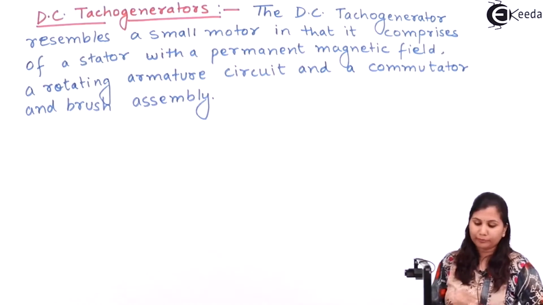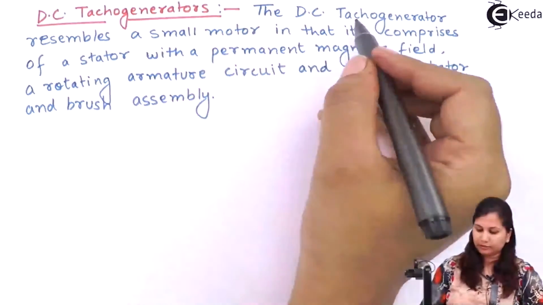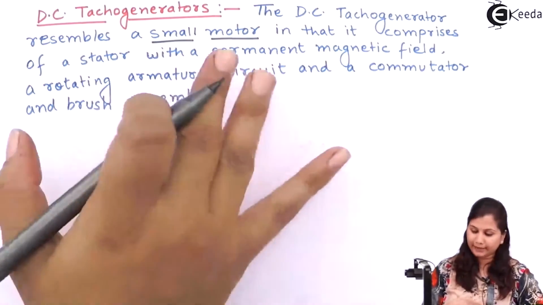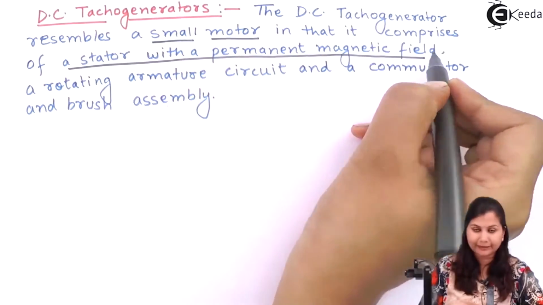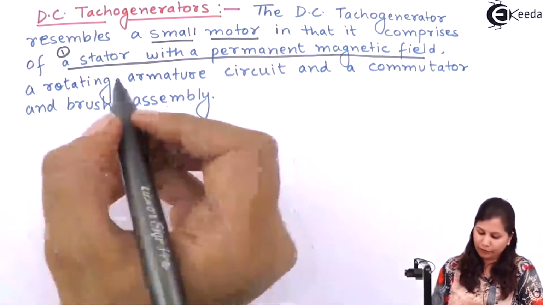So what are the components of the DC tacho generator? It resembles a small motor, and this small motor has a stator with a permanent magnetic field. That is the first part of the DC tacho generator.